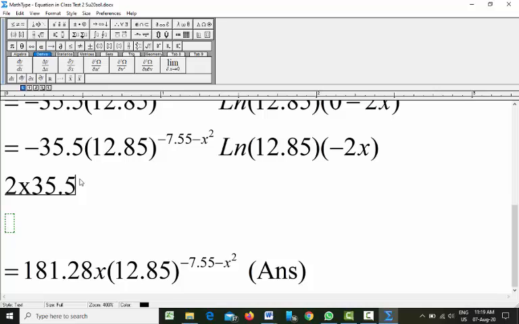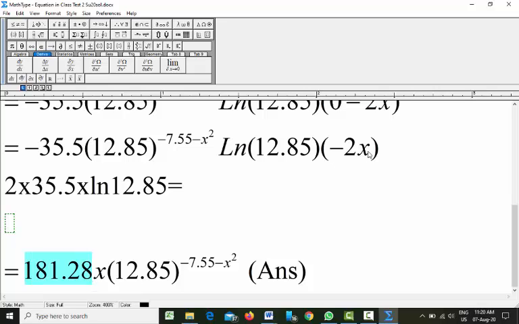So these two multiplied by 35.5, and then multiplication, and then ln 12.85. If you press equal, you will get 181.28 from this multiplication.